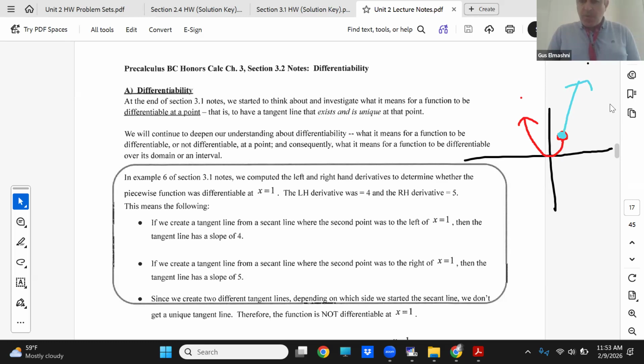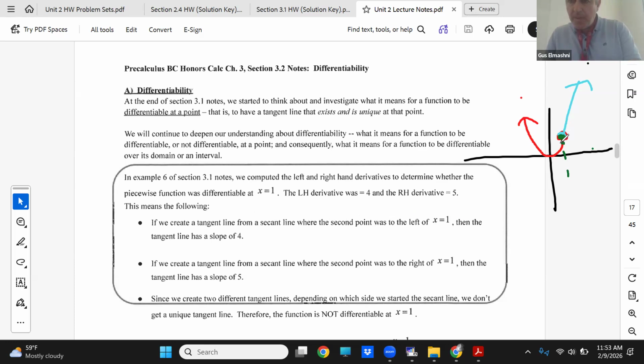So for your left-hand derivative, if you're going to the left of x equals 1, here's 1.